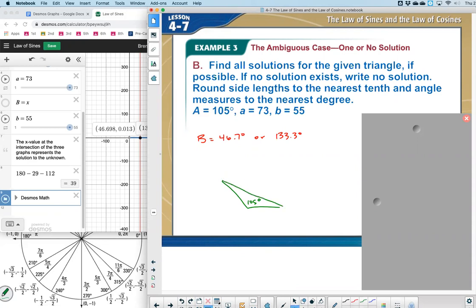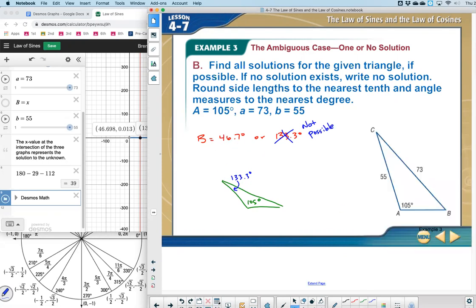How many degrees are in each triangle? 180. Could you have another one that's 133 in there? Is that possible? No, that's not possible. So this one has only one solution and one solution only. So it's going to be angle B of 46.7 degrees.